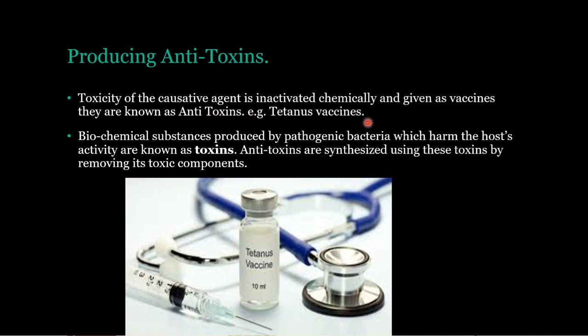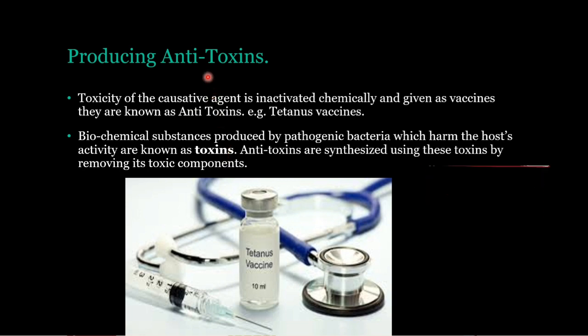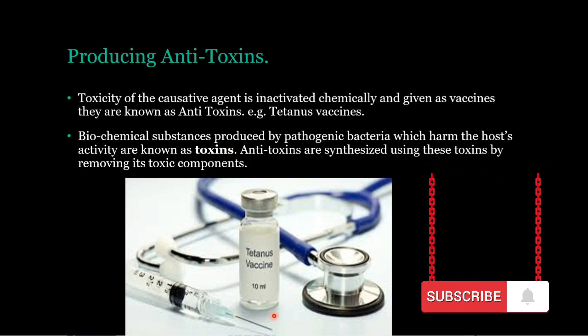Examples are tetanus vaccines, as I told. The second point: biochemical substances produced by pathogenic bacteria which harm the host's activity are known as toxins. Antitoxins are synthesized using these toxins by removing their toxic components. It is further information about antitoxins. Both these definitions are correct for antitoxins. You can see here the tetanus vaccine is considered an antitoxin.